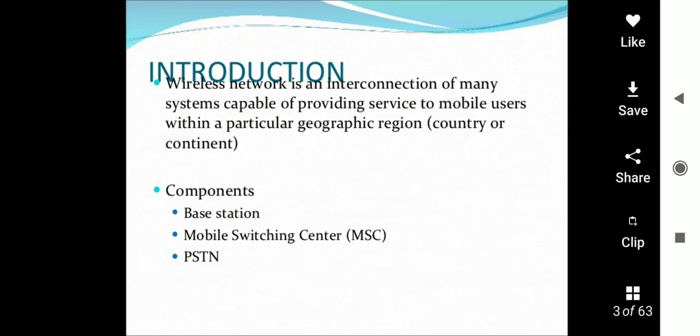The transmitter's span of coverage is called a cell. We will see in the next lecture what a cell is, why it is used, and the exact location for the cells. These things we will discuss later.